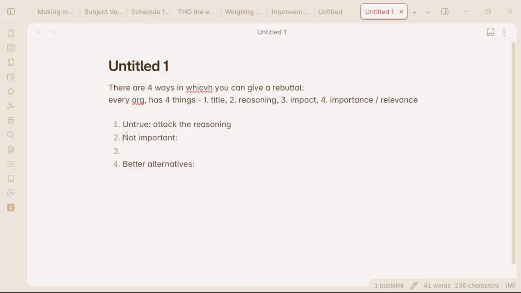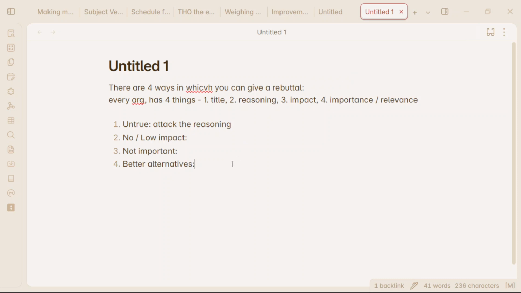So you can say that your opponent's argument has no or low impact. Right now you are attacking their impact. The third thing is not important. If you attack their argument's importance or relevance, that is, how relevant this argument is to today's debate, then you are basically saying that their argument is not important.